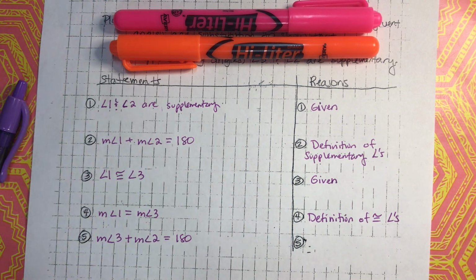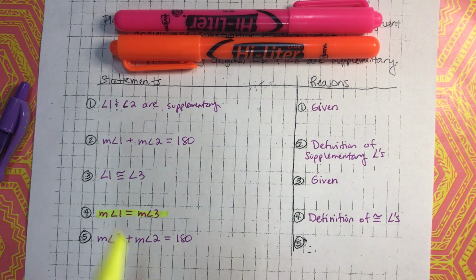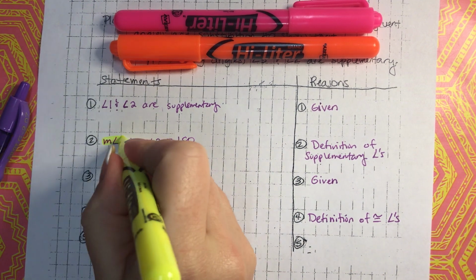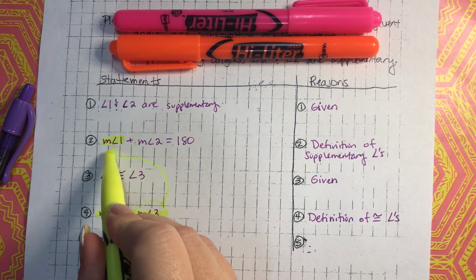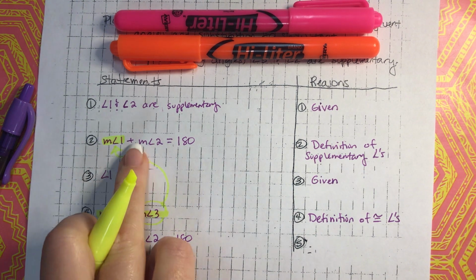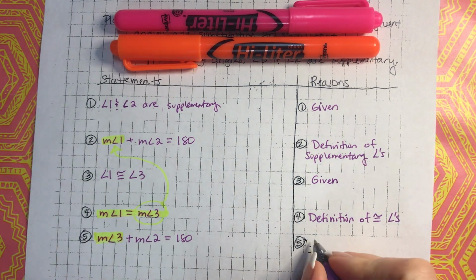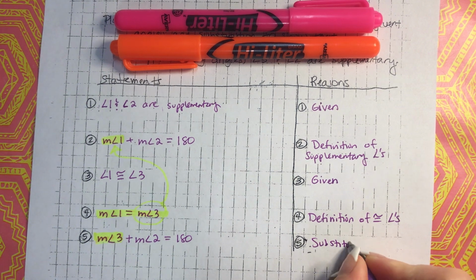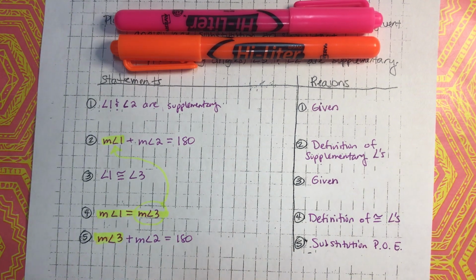Right here, the measure of angle 1 equals the measure of angle 3, and so instead of writing the measure of angle 1, I'm just going to substitute the measure of angle 3 in there. This is the substitution property of equality.